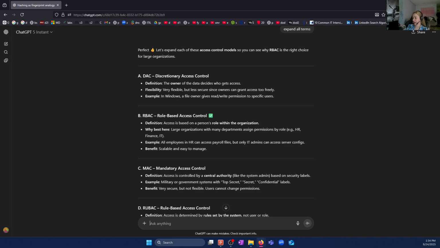MAC, mandatory access control, is controlled by a central authority like the system admin. Example, military or government systems with top secret and confidential labels.